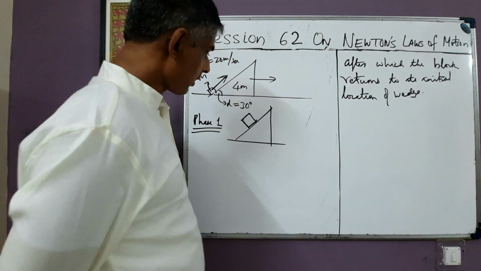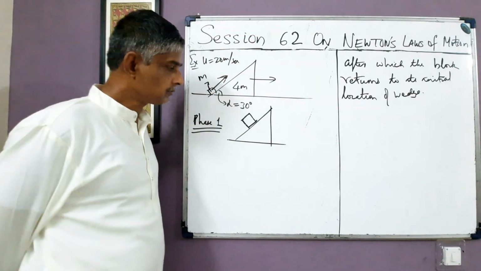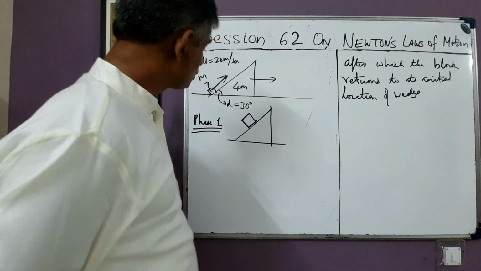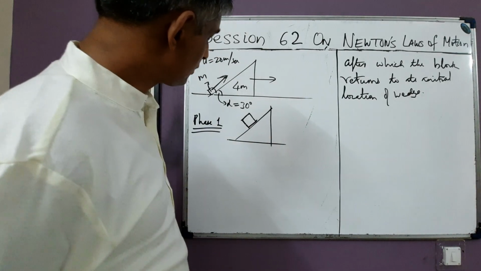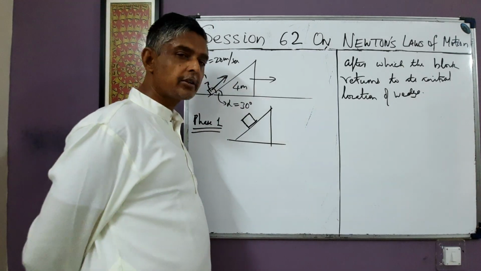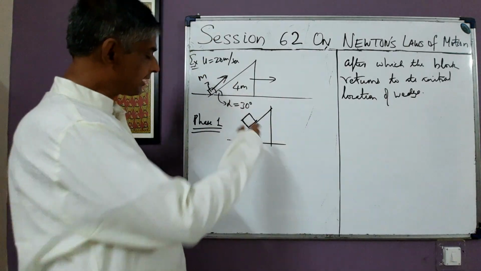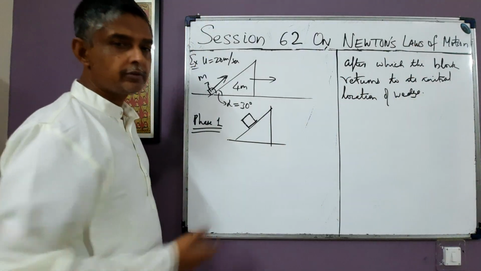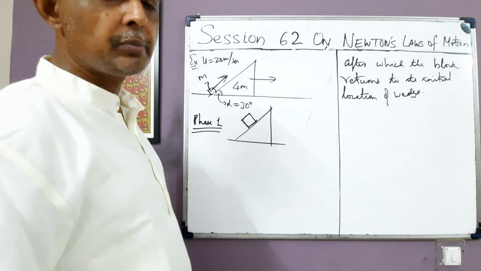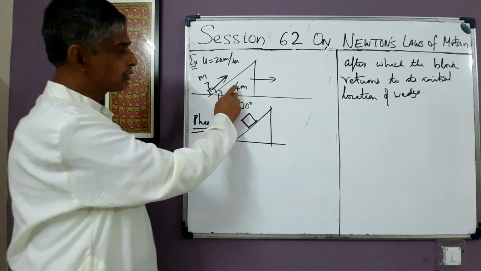Okay. Is it clear what I am saying? And then the problem will be solved very easily by using that formula d equal to ut plus half at square with respect to wedge.